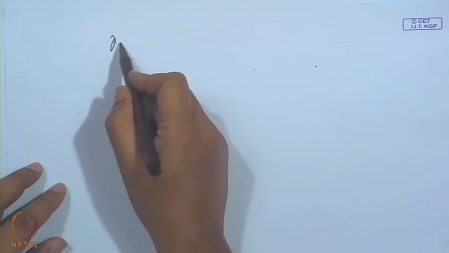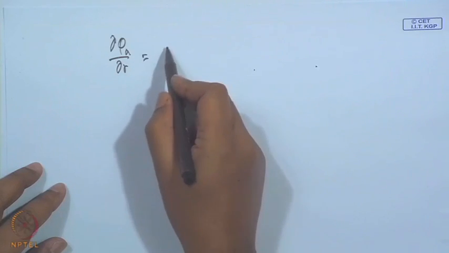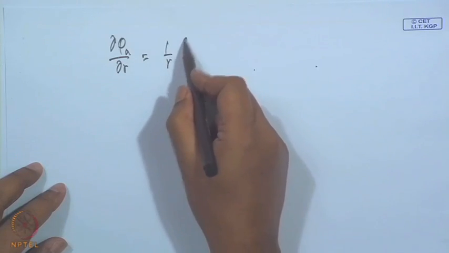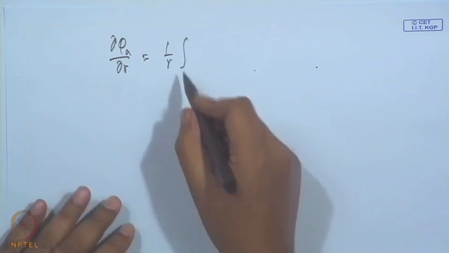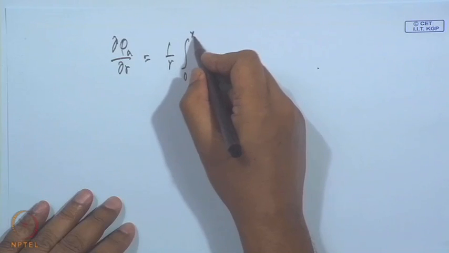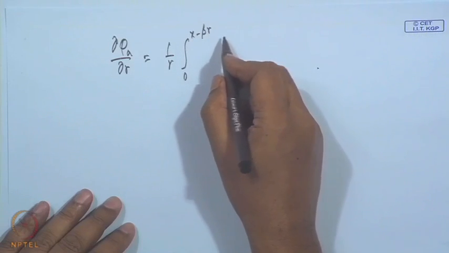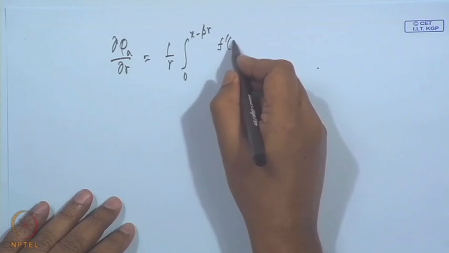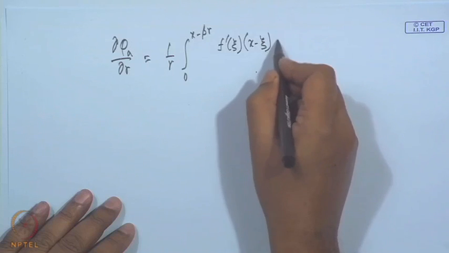Now, to obtain that, let us see what is d phi a dr. d phi a dr is 1 by r. We have already the expression for phi a, integral from 0 to x minus beta r of f prime xi x minus xi into d xi.